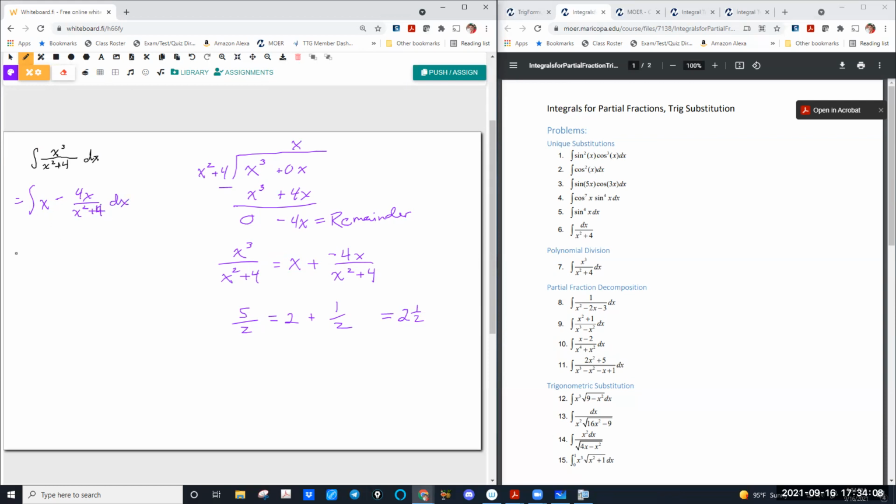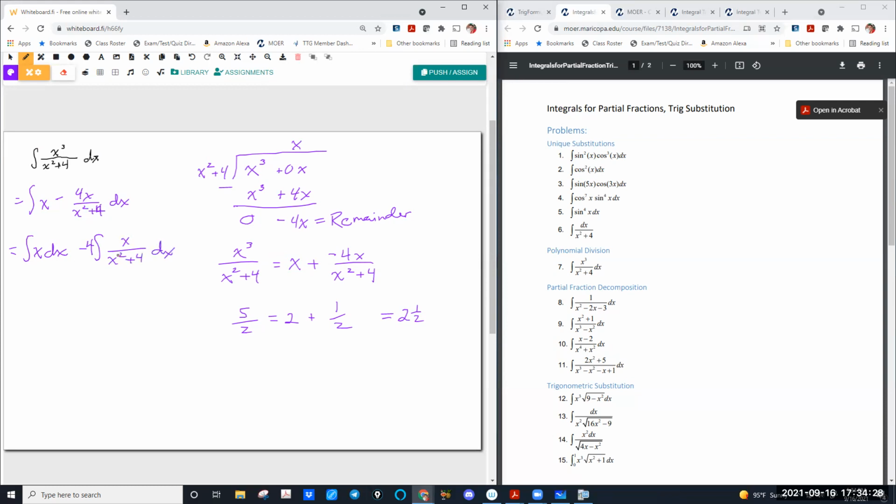We're going to do this integral piece by piece. So I'm going to do an x dx, which is a nice easy one, minus, I'm going to pull the 4 out because it's a constant, x over x squared plus 4 dx.